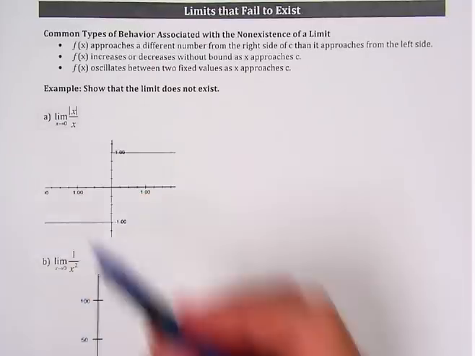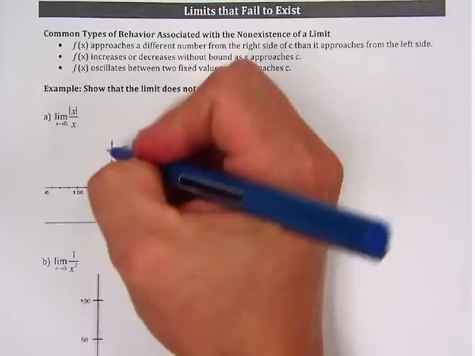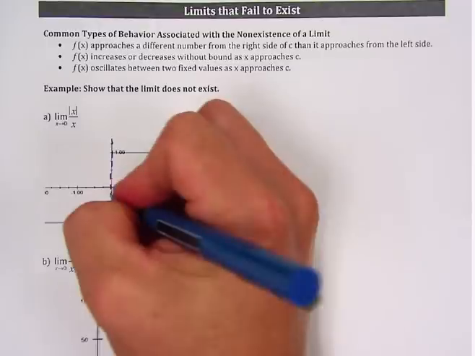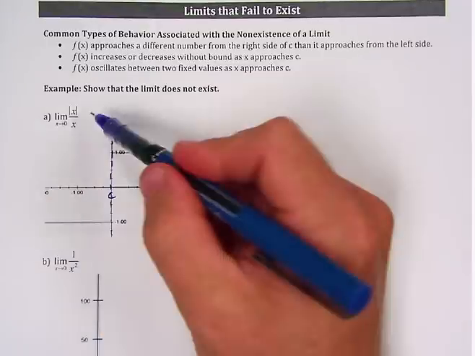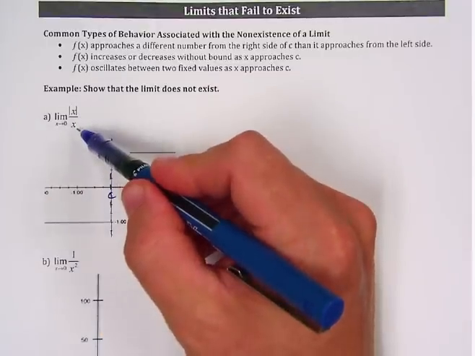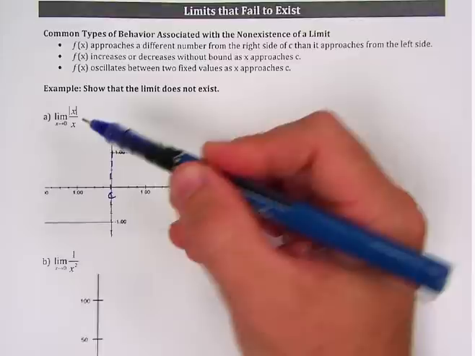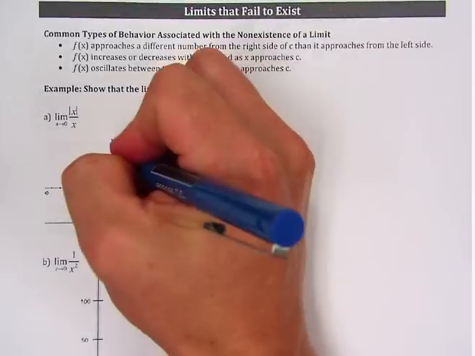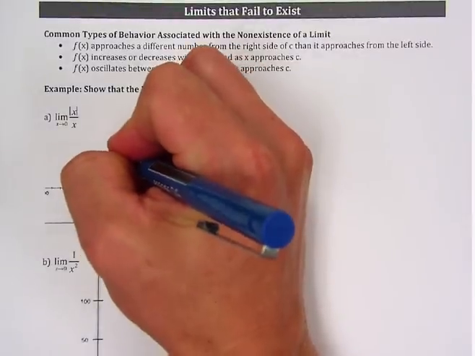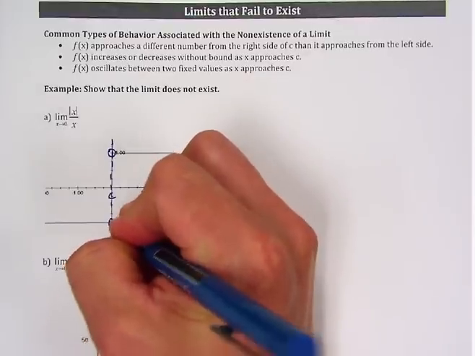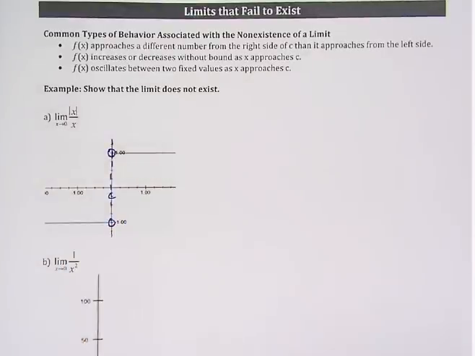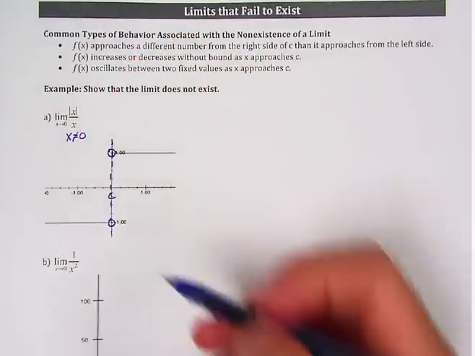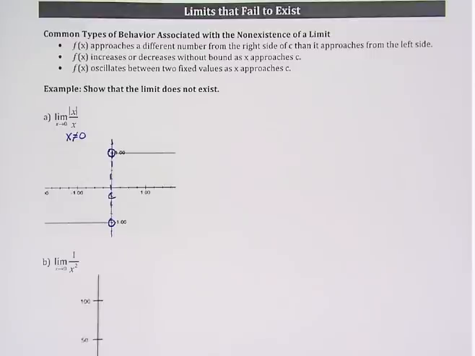So it's finding the limit as x approaches 0, so here's c equals 0, of the absolute value of x over x. Now in this case, it looks like x cannot equal 0, okay, because then we'd have to divide by 0.